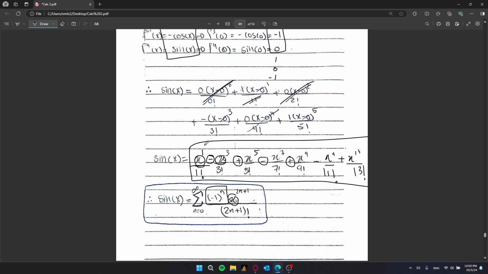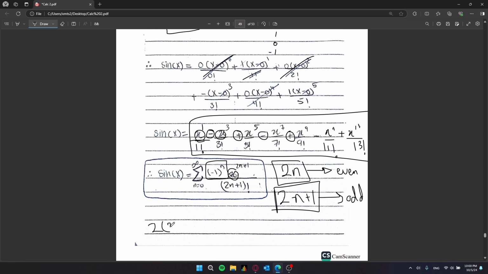And we also know that the exponents are always odd. The best way to guarantee that you will always get an odd number is this: 2n is always going to give you an even number. So 2n plus 1 is always going to give you an odd number. Try it. If you don't believe me, try it.